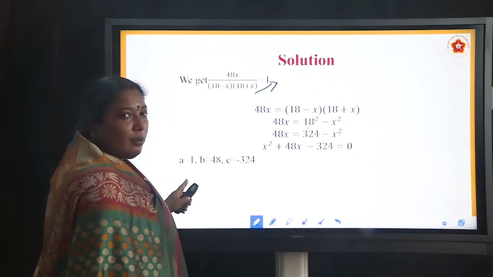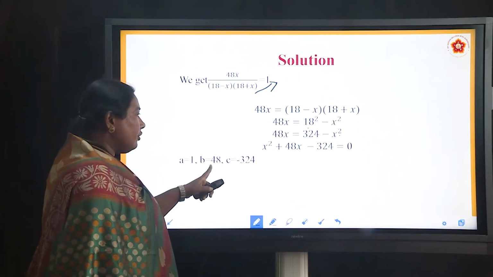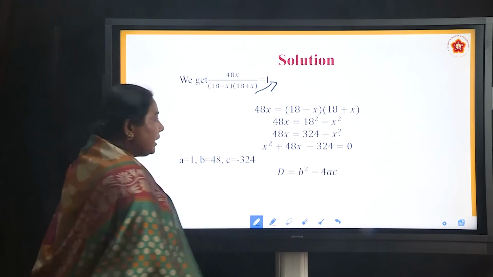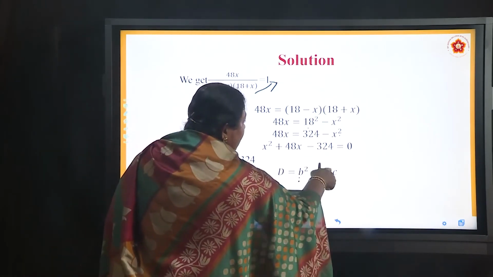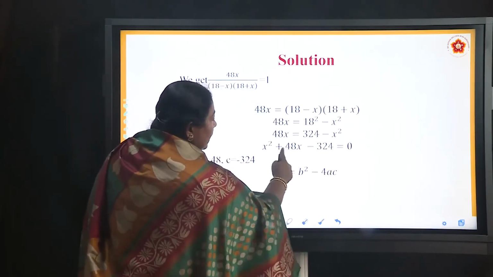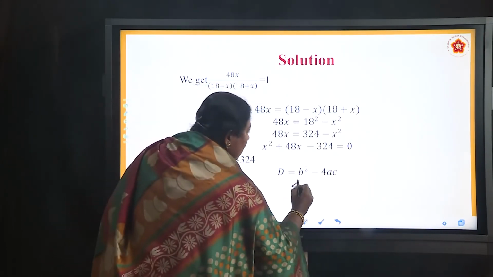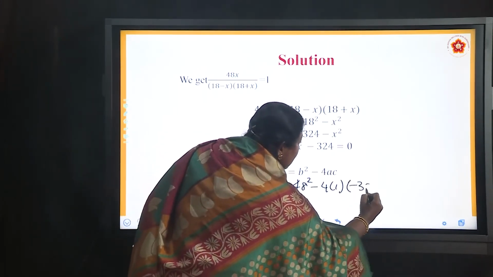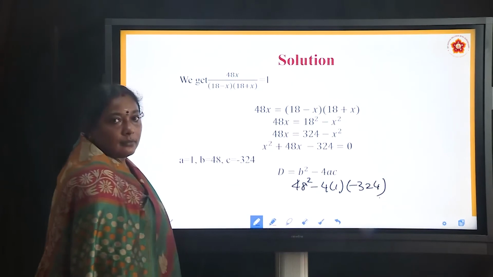Now apply the formula, that's all. For that, first I have to write a is equal to 1, b is equal to 48 and c is equal to minus 324. I am finding the d value: b square minus 4 into a into c, 48 square minus 4 into 1 into minus 324. Okay.